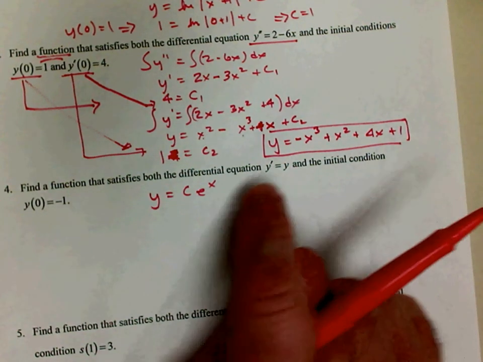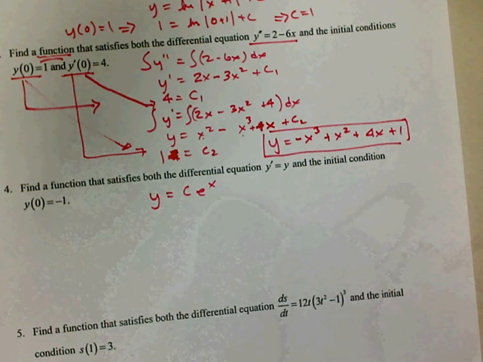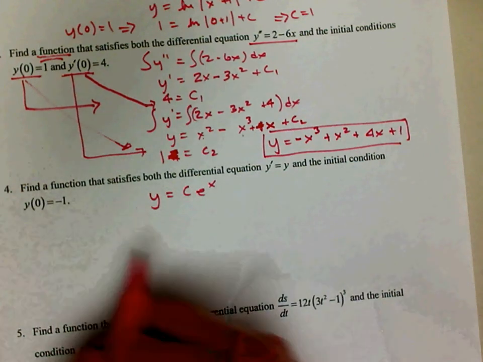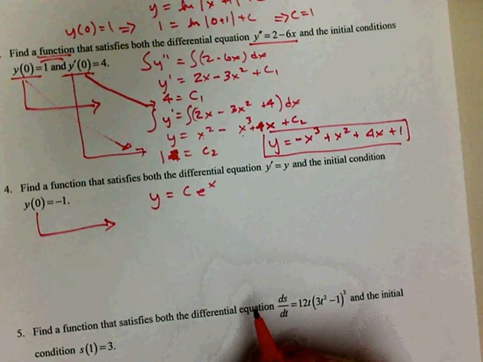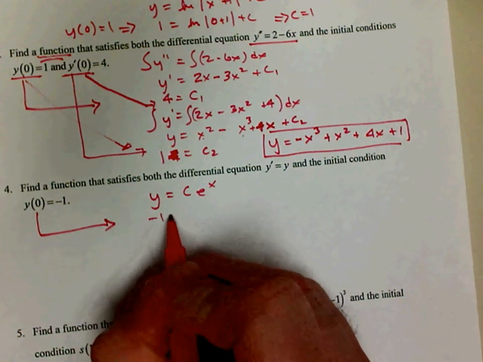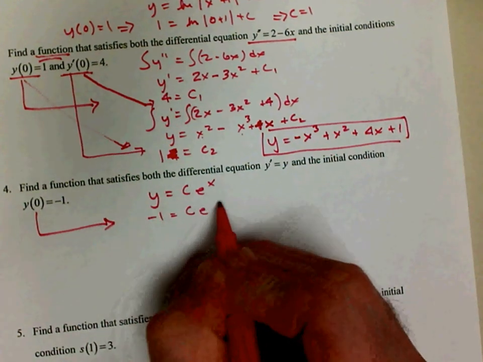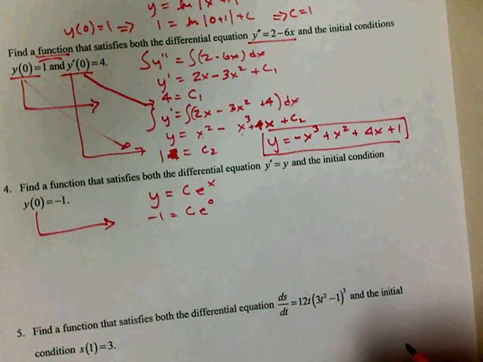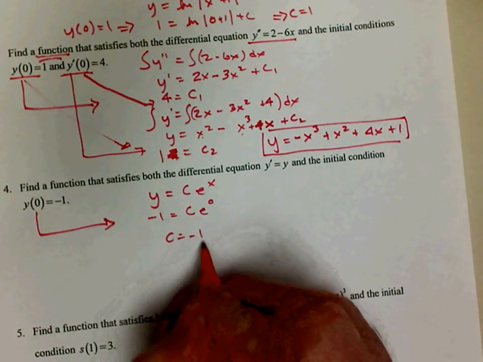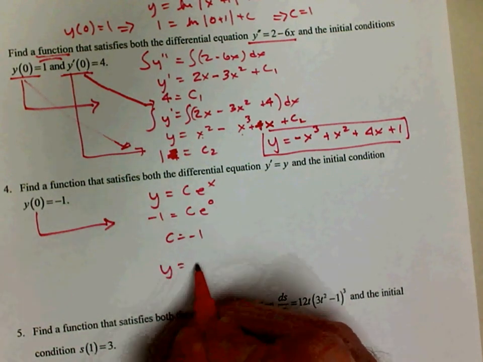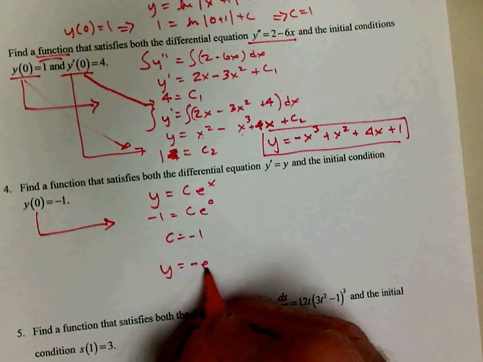Which means, if we use these initial conditions, that'll mean -1 will equal c times e to the 0 power. So c equals -1, and y equals -1 times e to the x. That is the function that satisfies that one given these initial conditions.